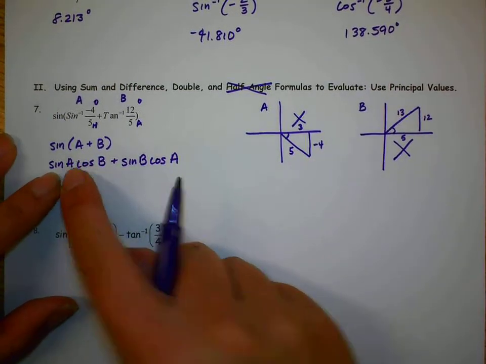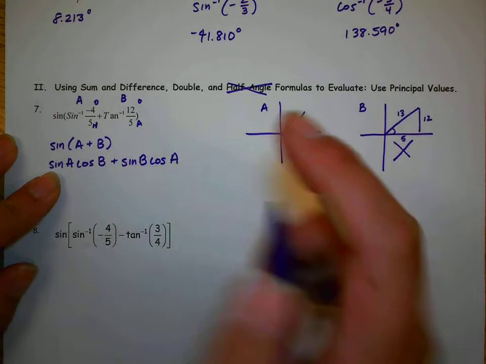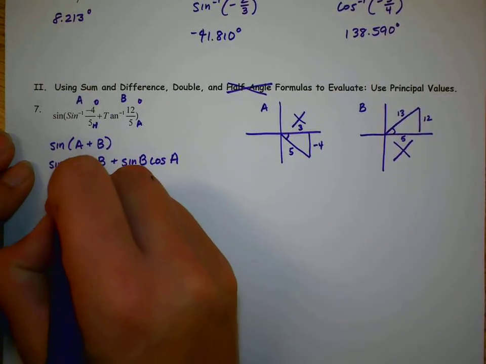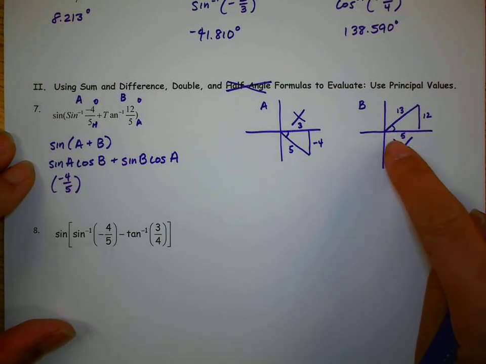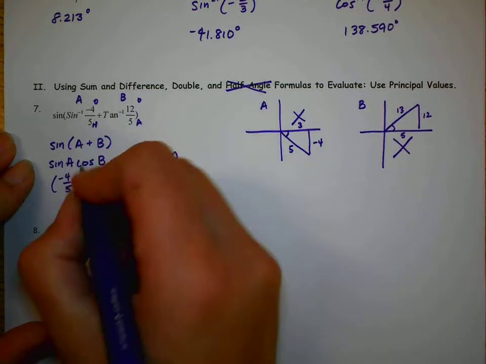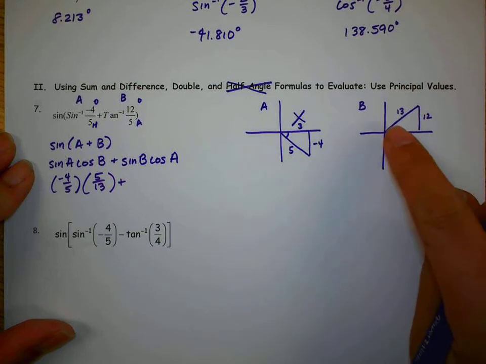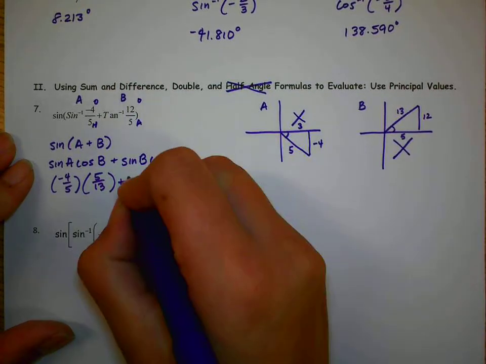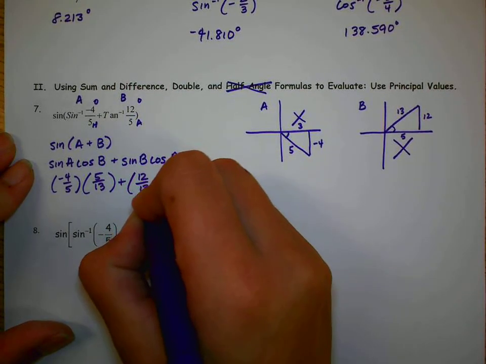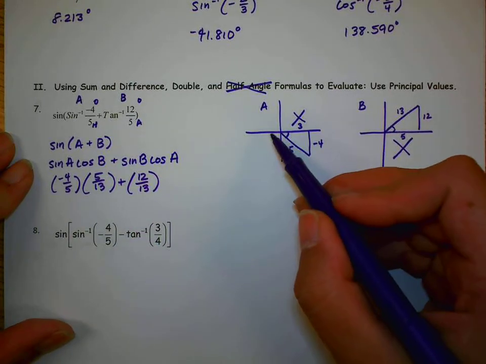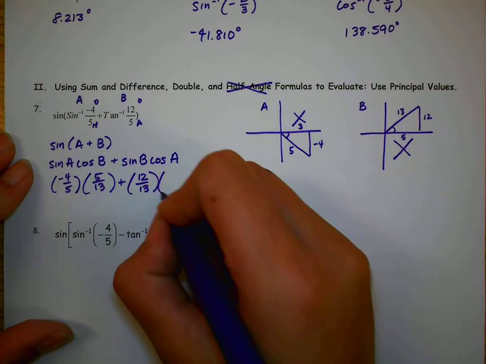Sine of A, opposite over hypotenuse, cosine of B, adjacent over hypotenuse, plus sine of B, opposite over hypotenuse, cosine of A, adjacent over hypotenuse.